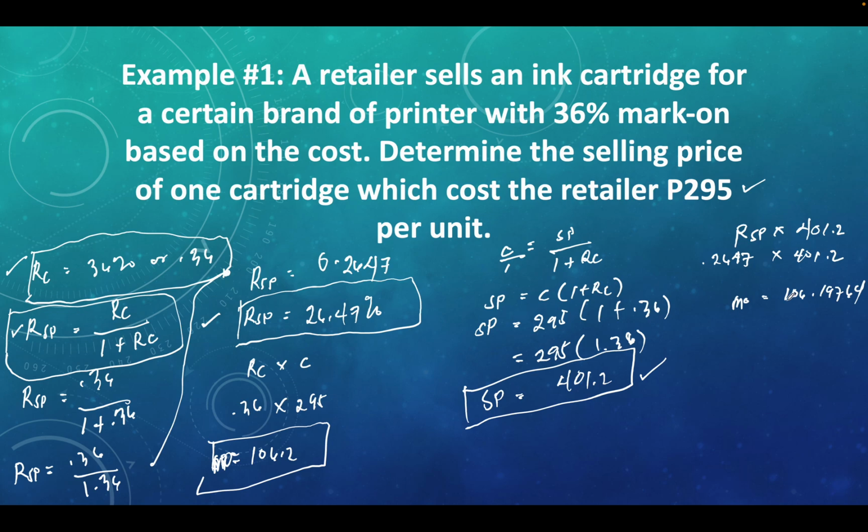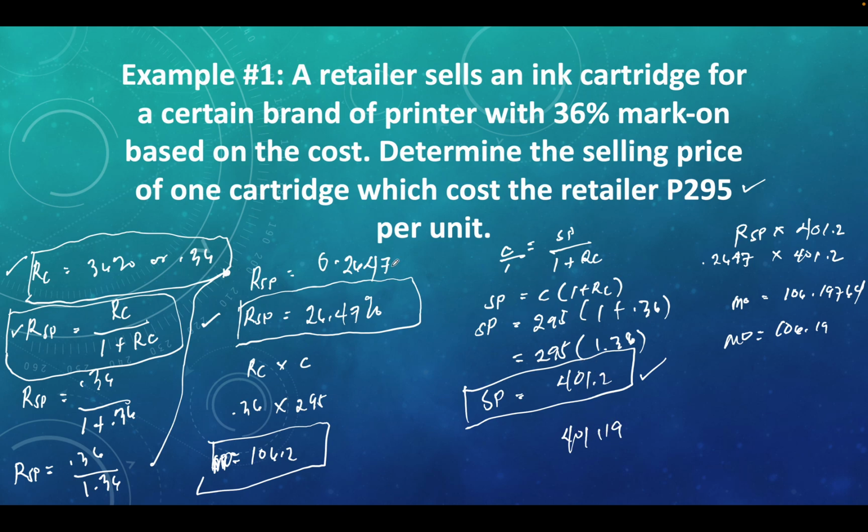So, kapag inadd mo yung, let's say, kunin mo na lang yung 2 decimal, 106.19. Kapag inadd mo yan doon sa cost natin, which is 295, ang makukuha mo is 401.19, which is very near. So, magkalapit lang.